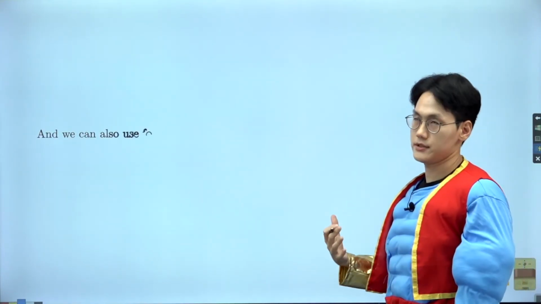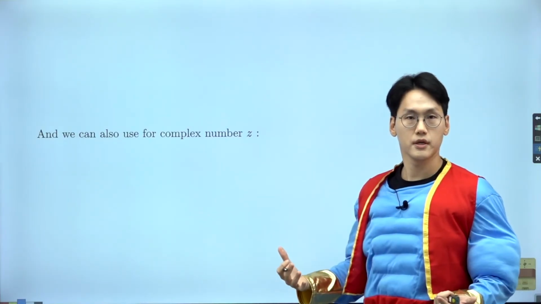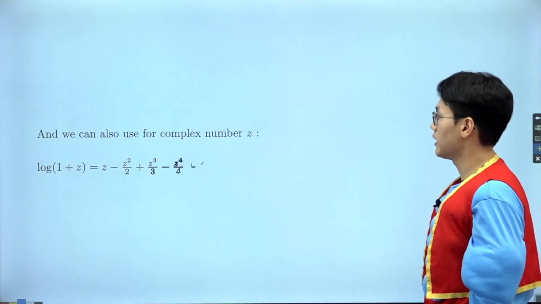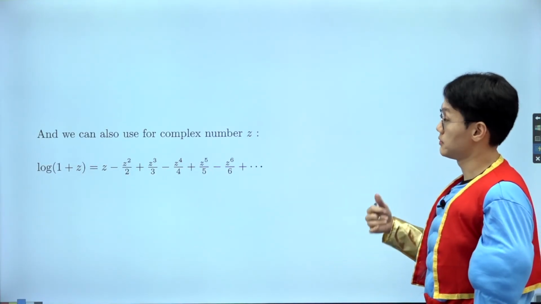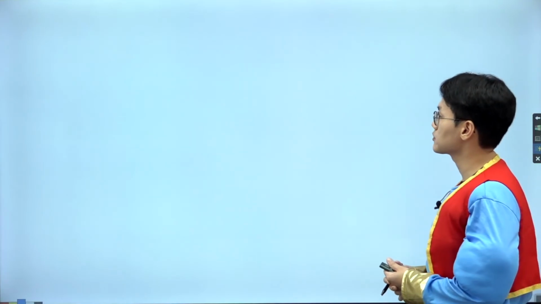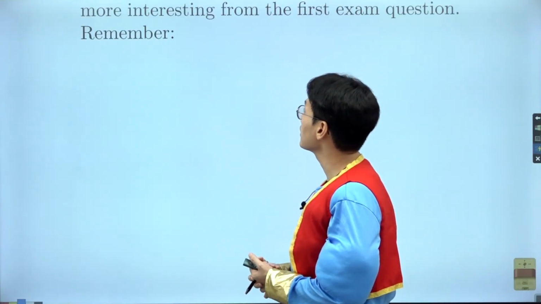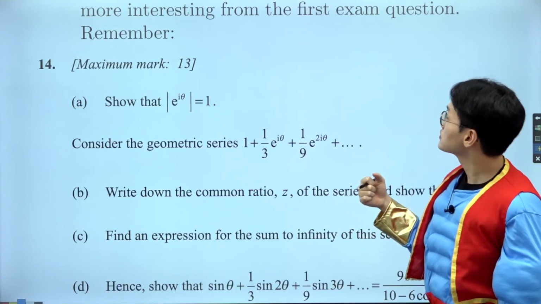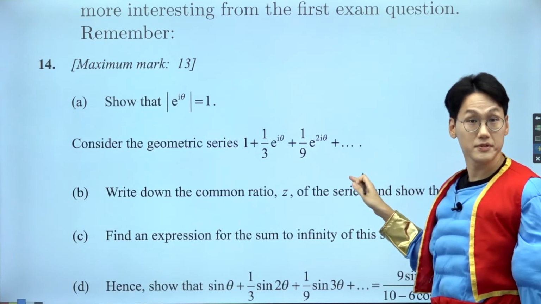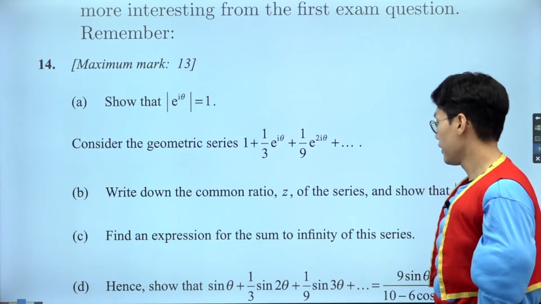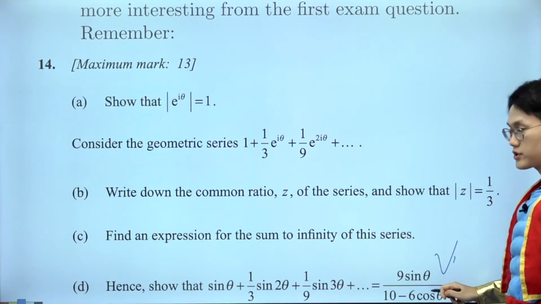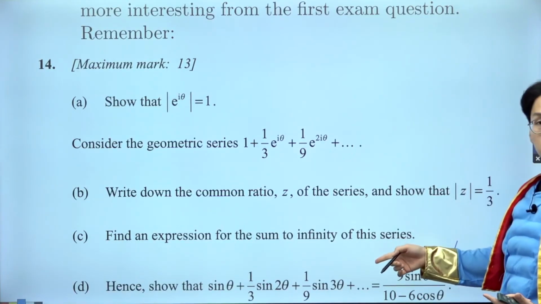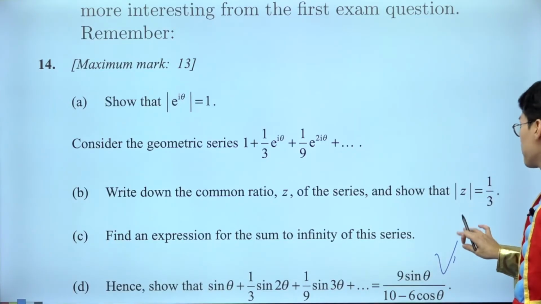All right, so that's great. Let's see how we can use it for deriving something interesting using the complex number and the logarithm. If I plug in the complex number, it's given as such, easy peasy lemon squeezy, just using the Maclaurin series of log. And then I'm going to go back to that problem, November 2011, I think, on question part D. We saw that this had something to do with the Maclaurin series, the Fourier series, because it was a sum of an infinite series converging to a certain form.